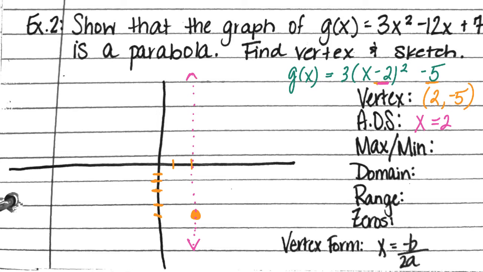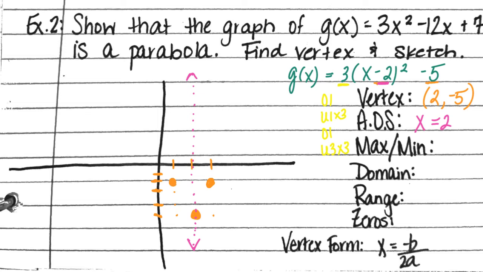Well, let's go ahead and graph it. I can graph it using this positive 3. My pattern is over 1 up 1 times 3. Over 1 up 3 times 3, and I don't think we're going to go any further than that. So let's graph it. Over 1 up 1, 2, 3. All right, from that dot, now we have to go over 1 up 9, so it's a little bit further.